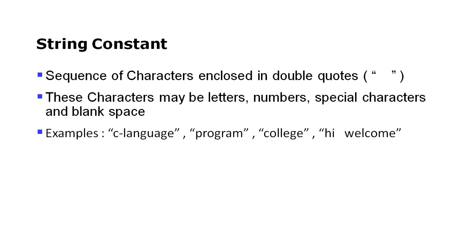Examples: C language, program, college, hi how are you, hello how are you, welcome to C program, this is my first C program. These are all examples of a string constant.